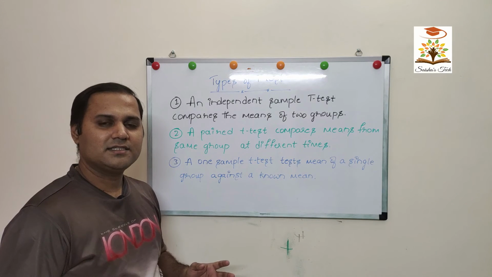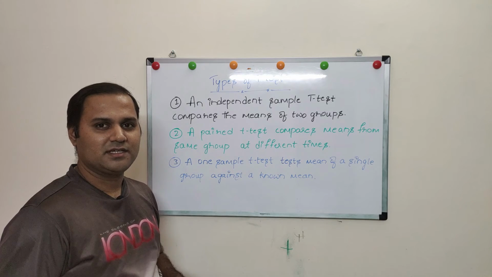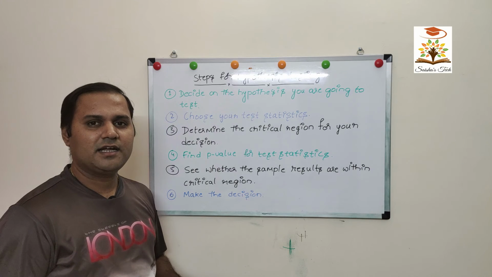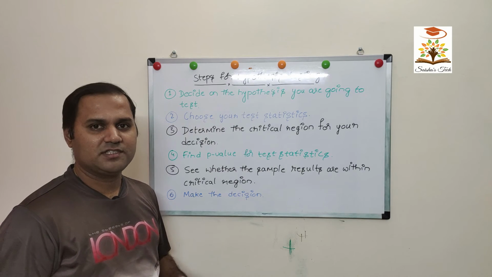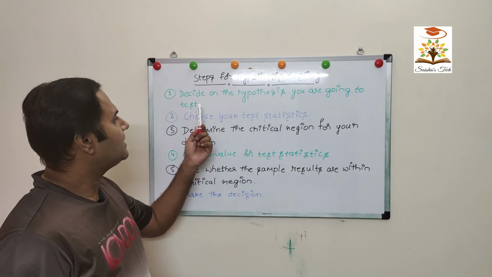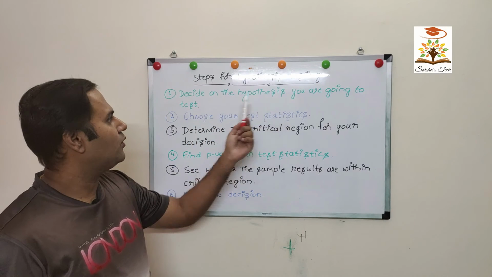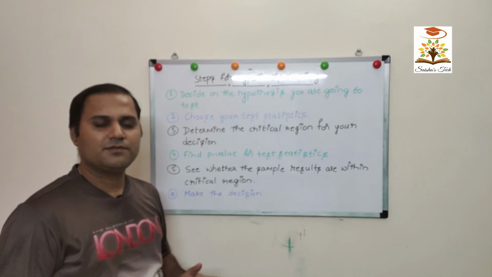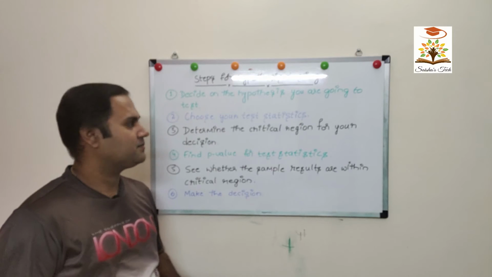Now, let us understand the steps to conduct a hypothesis testing. There are 6 steps in hypothesis testing. Decide on the hypothesis you are going to test, which means the hypothesis which is going on trial.